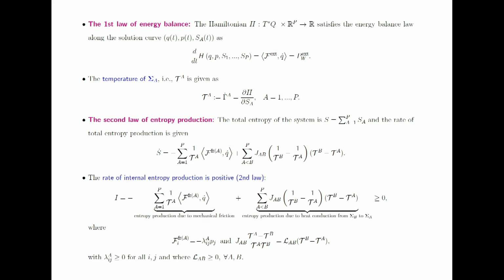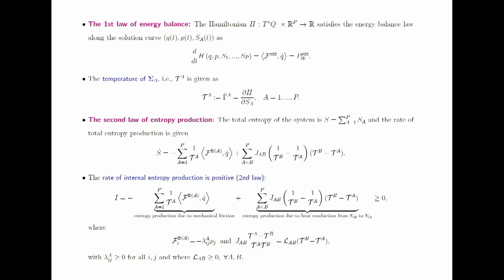And so okay, temperature is like this, and the second law is associated with the total entropy of the system, which is given by the summation of each entropy. The rate of the total entropy is like this. But in this case, the rate of internal entropy production is the same as S dot. So the internal entropy production I is given by this.